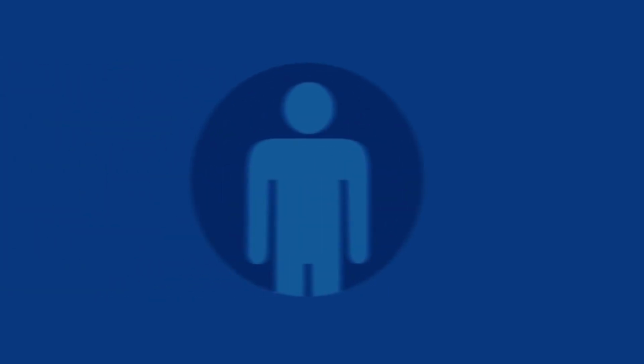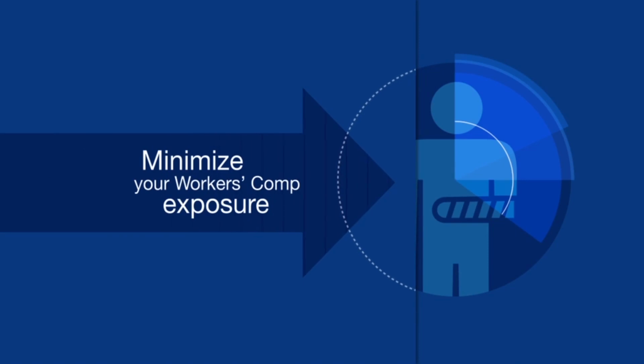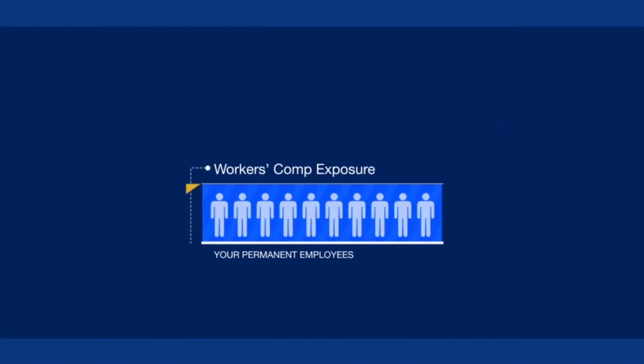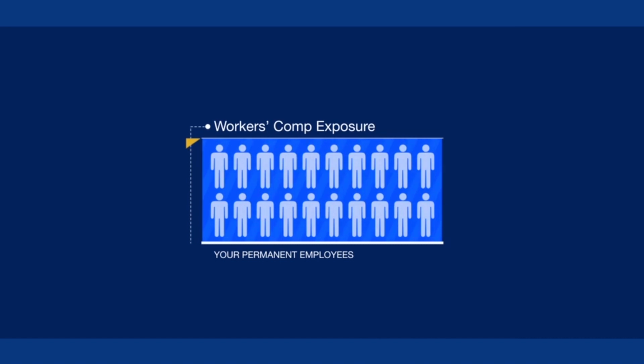Running a lean permanent workforce and supplementing that core employee base with Tradesman International craftsmen minimizes your workers' compensation exposure. It's simple math. If you have 10 permanent full-time employees on your payroll and you hire 10 additional employees, not only do you double premiums paid, you double the chance of having a workplace injury and an associated workers' compensation claim.